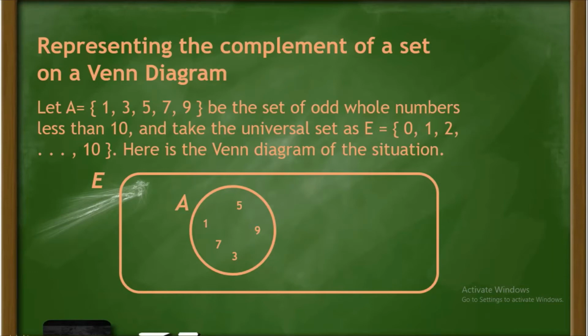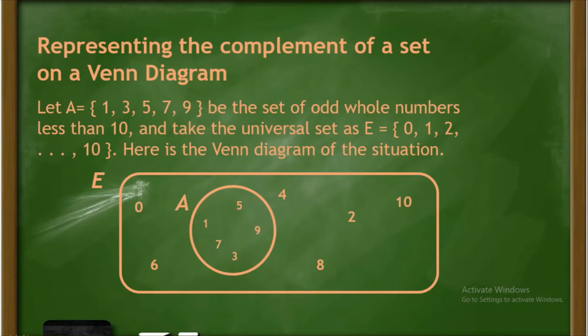Okay? The region inside the circle represents the set A. So, we place the numbers 1, 3, 5, 7, 9 inside the circle. However, outside the circle, we place other numbers. We have 0, we have 2, 4, 6, 8, and 10.